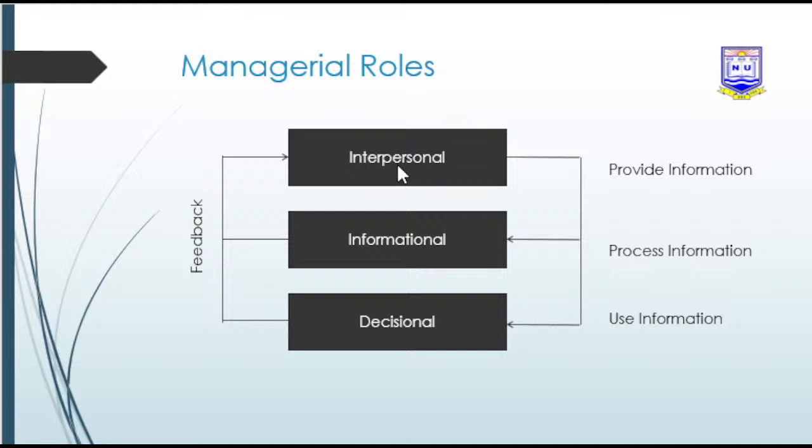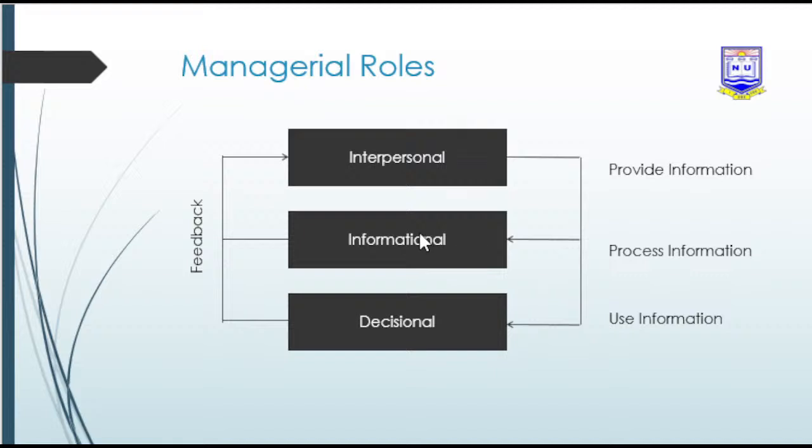After looking at your interpersonal role, your relationship with the people you're working with, and you give information, this information you need to manage. You need to process this information at this level. Your role as a manager, you need to be able to control the information that is processed.